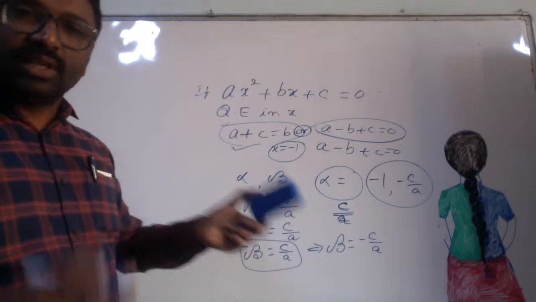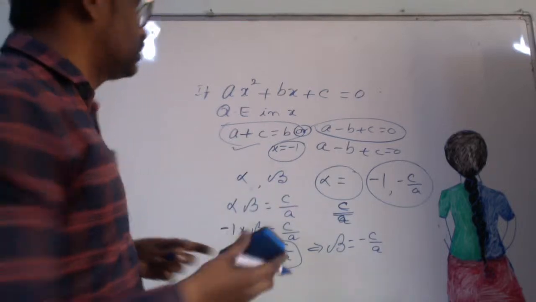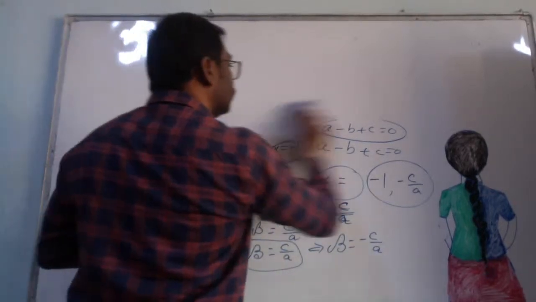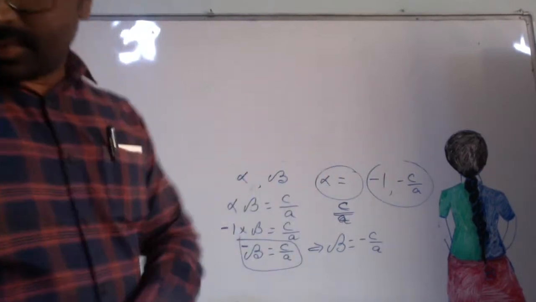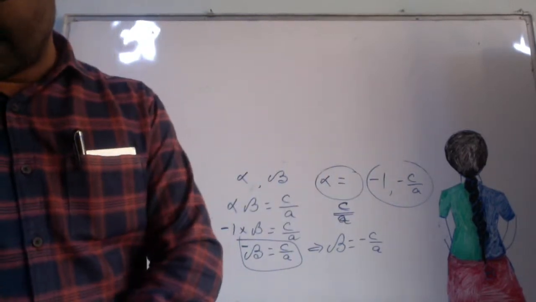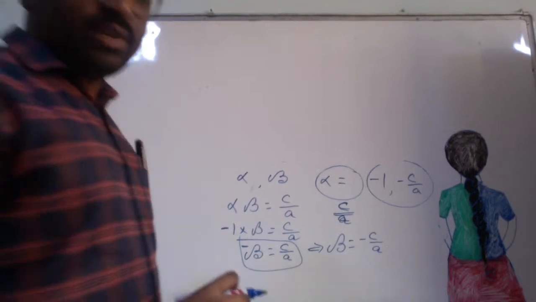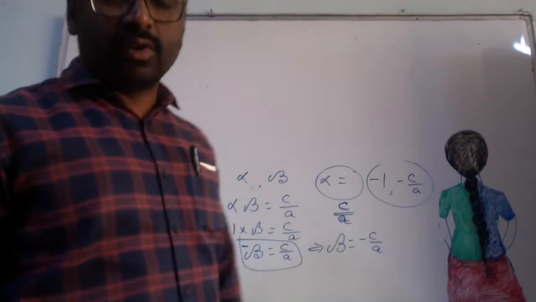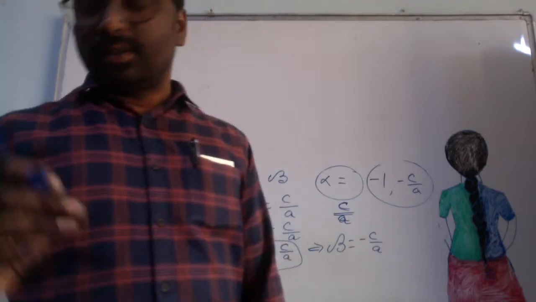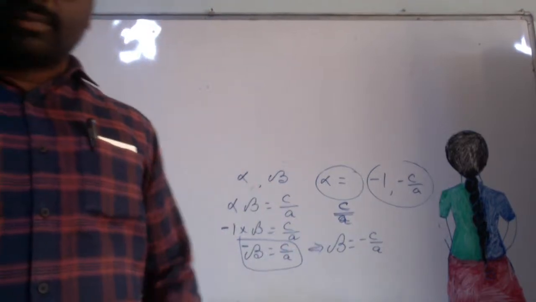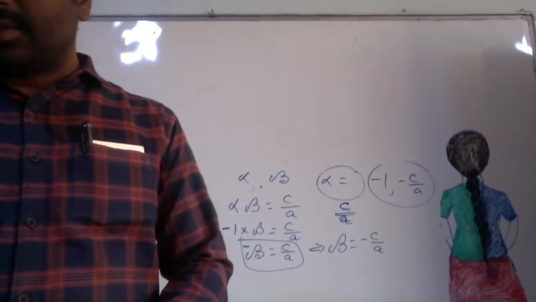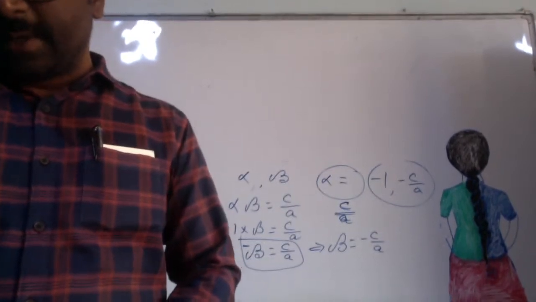Okay. So this is the important point you have to keep in mind. Most questions will be asked on the discriminant, so maybe I will try some higher order thinking questions also on this concept.